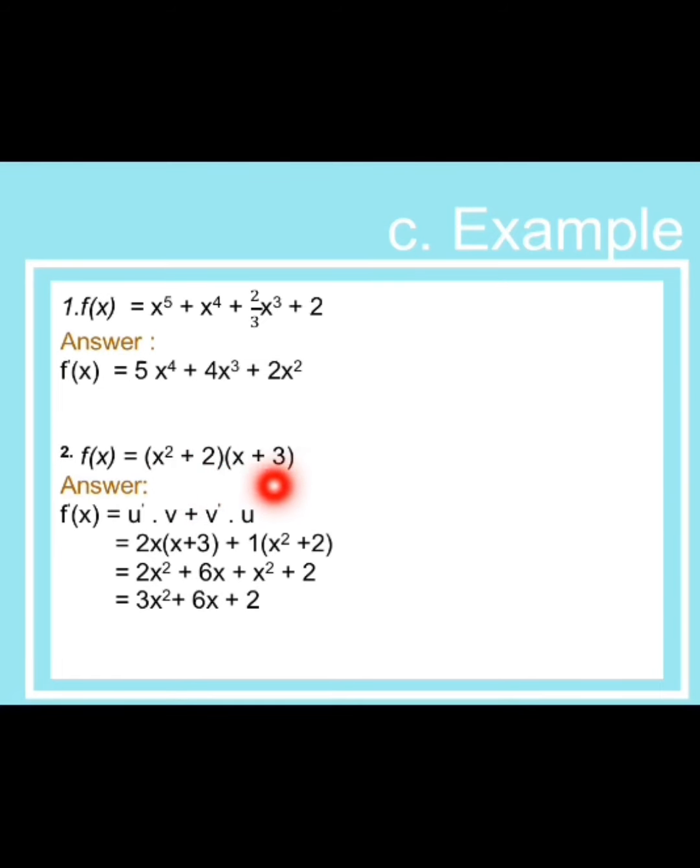So the derivative is, because there are multiplication of u of x and v of x, the derivative is u prime times v plus v prime times u equal 2x times x plus 3 plus 1 times x squared plus 2 equal 2x squared plus 6x plus x squared plus 2 equal 3x squared plus 6x plus 2.